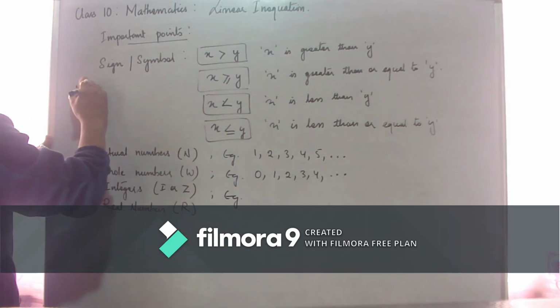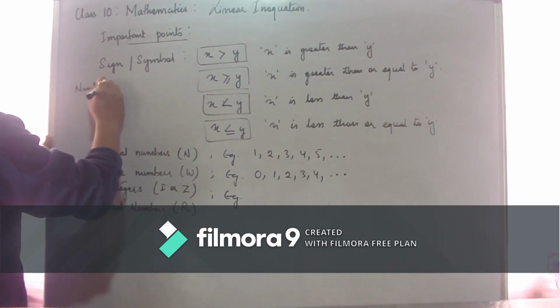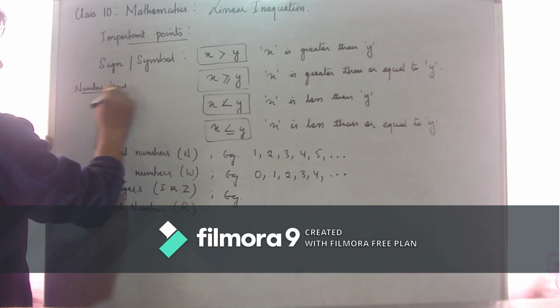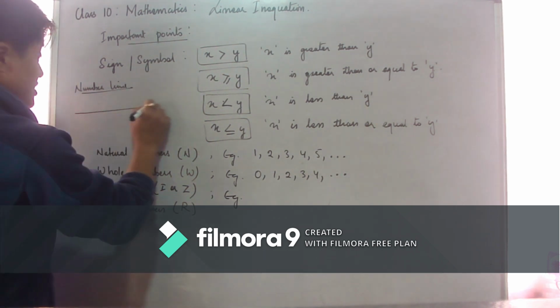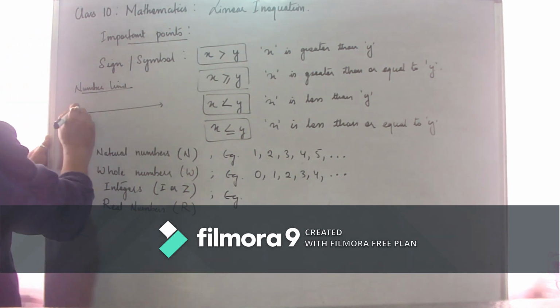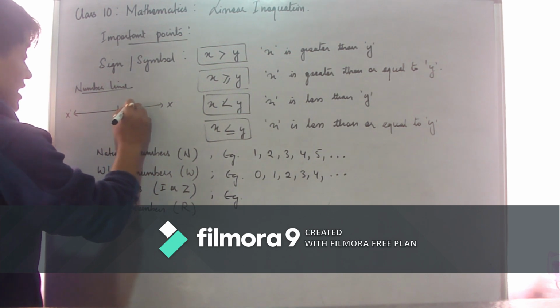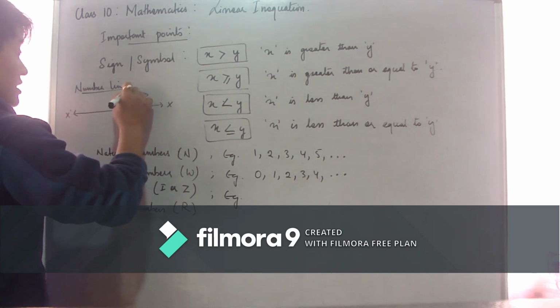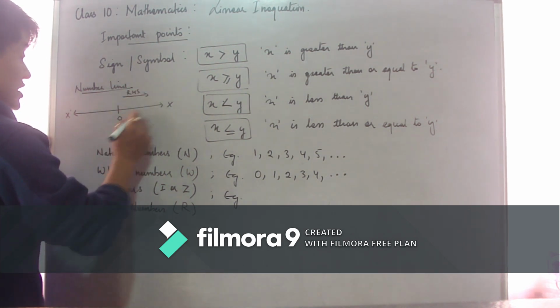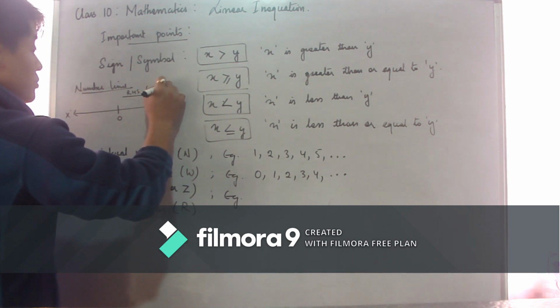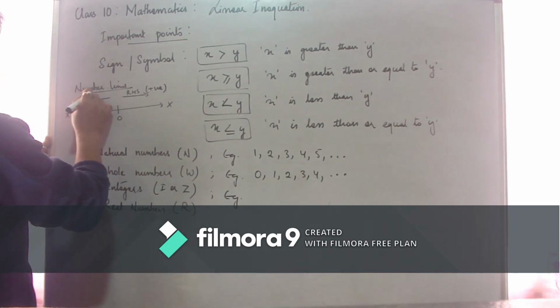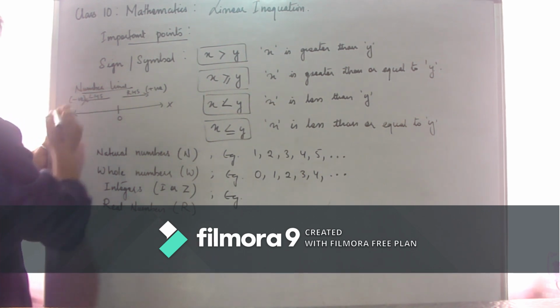For example, the number line, if you have done it in junior classes, we'll write it this way. Here we'll write x dash, here we'll write x, then we'll write 0 here, and on the right hand side we'll write the positive numbers, and on the left hand side all the negative numbers.